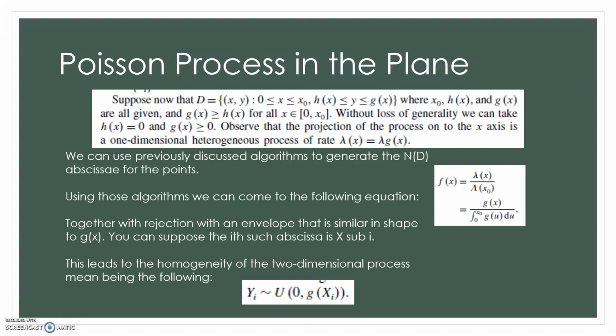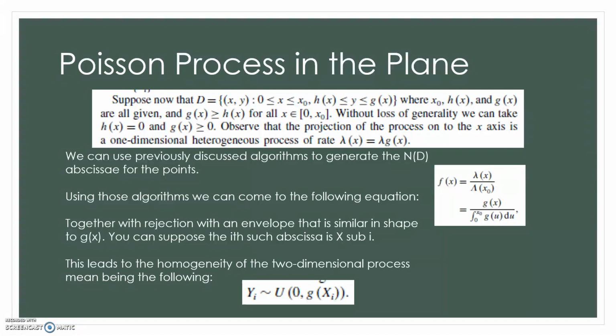So continuing our discussion of the Poisson process in a plane, we can use the previously discussed algorithm to generate the N(d) abscissa for the points. Using those algorithms, we arrive at the equation listed here, that is g(x) over the integration from 0 to x_0 of g(u) du.